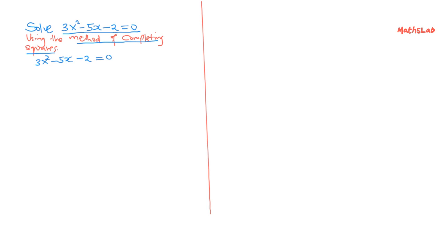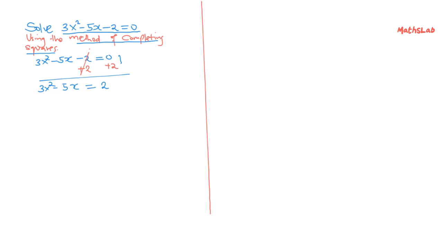We are going to add 2 to both sides of the equation, and if we do that, what we are going to end up with is 3x squared minus 5x. Plus and minus 2 are going to cancel out, and on the other side of the equation we are going to have 0 plus 2, which is 2.